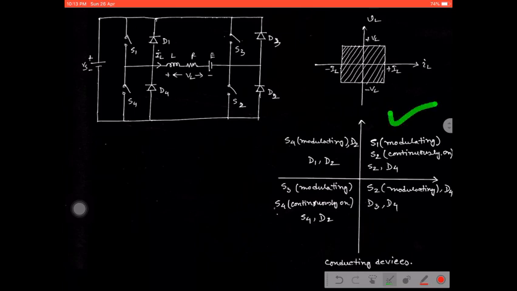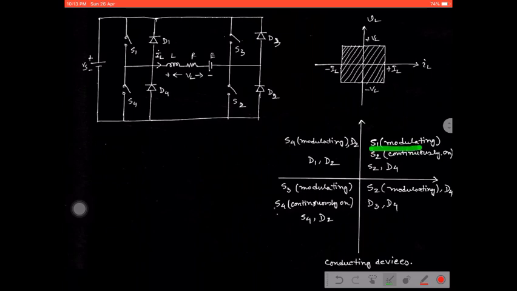They are mentioned here for the 4-quadrant operation individually. For the first, S1 is modulated, which means modulating means on and off. The switch takes a triggering pulse with high frequency during operation, so somehow it is on, somehow it is off. That is why it is modulating in nature, on-off nature.